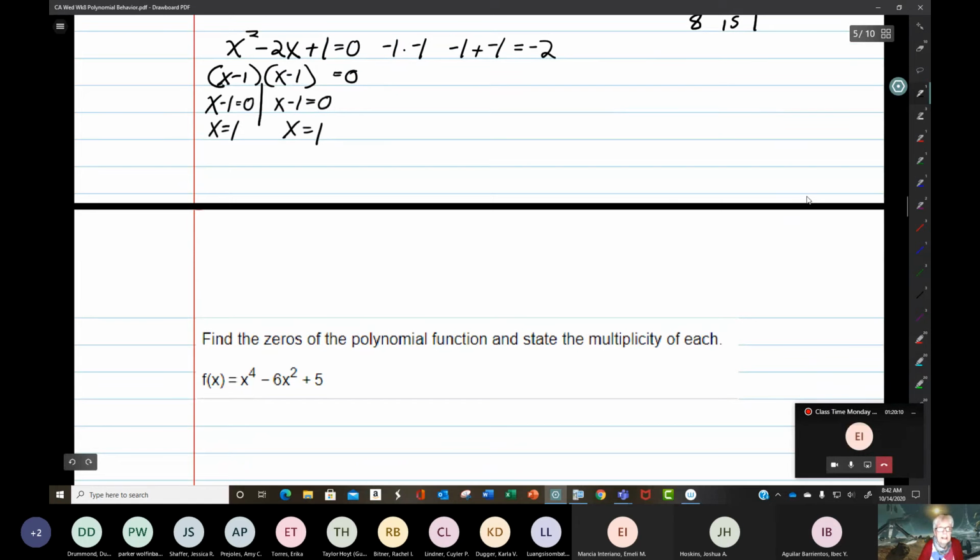Now notice that x is a 0. If we call this f of x, and we set it equal to 0 and solved for x, there is 1 zero of f of x.